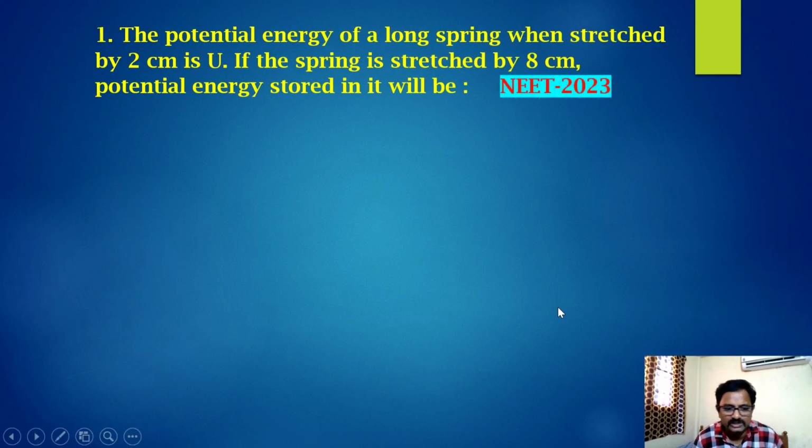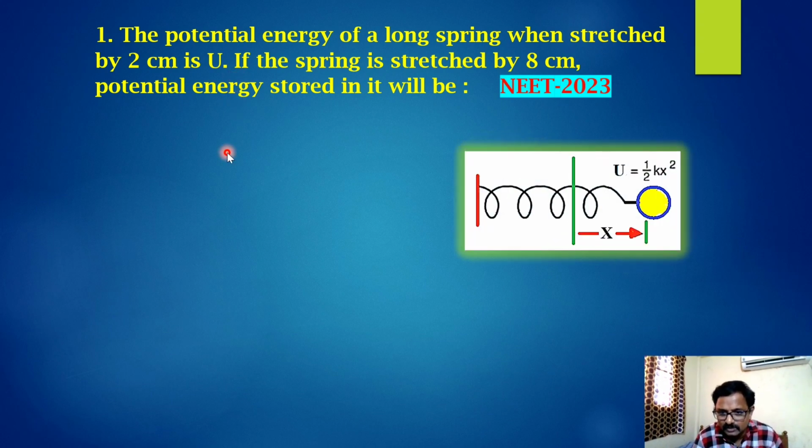Here is the first question. The potential energy of a long spring when stretched by 2 centimeter is U. Look at the figure. Here one spring is stretched by 2 centimeter, so its potential energy is U. If the spring is stretched by 8 centimeter, the potential energy stored in it will be?